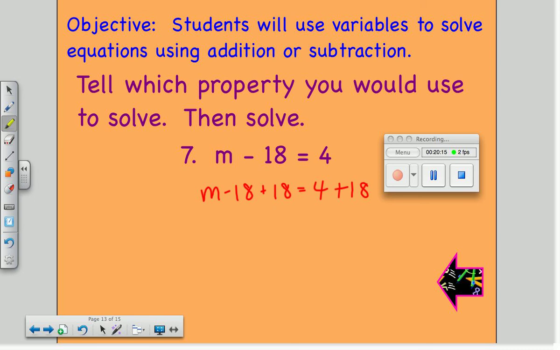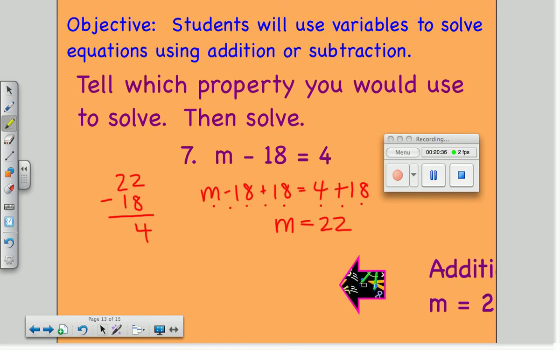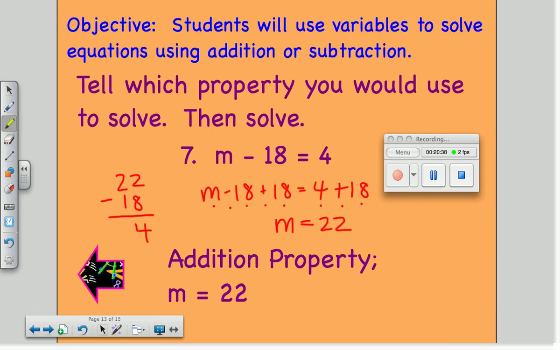So, m minus 18 plus 18 is just m. 4 plus 18 is 22. Check my answer. 22 minus 18 is 4. Yes, it is. So I use the addition property, and m equals 22.